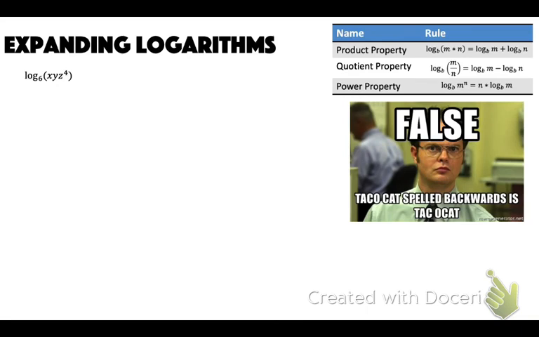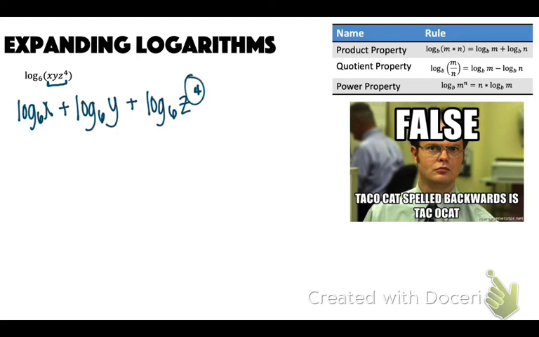Okay, let's go to expanding. So here, basically, we're doing order of operations opposite, okay? So see how these are all being multiplied here? Well, I can write this out as log base 6 of x plus log base 6 of y plus log base 6 of z to the 4th.